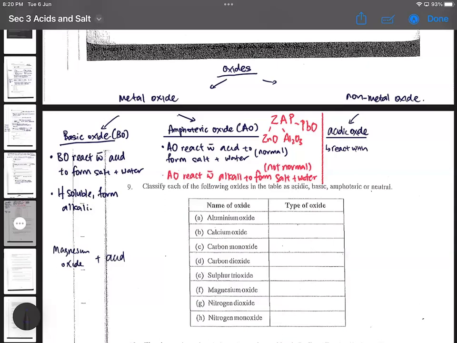Salt, is it? They form salt. But what do they react with to form salt? There's only two categories. So if they're acidic, they should react with.